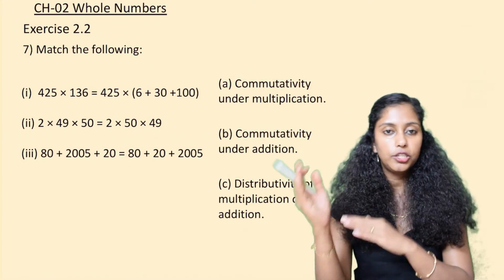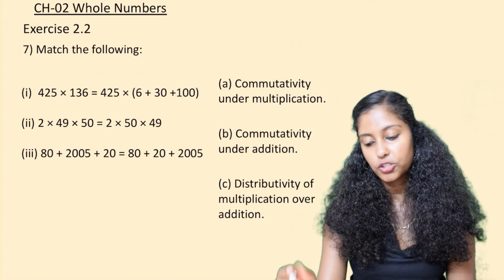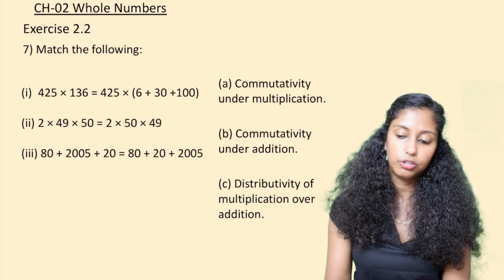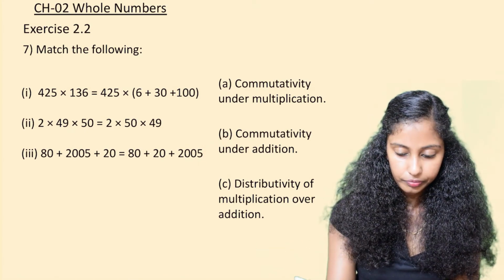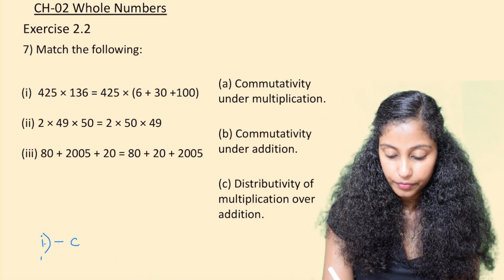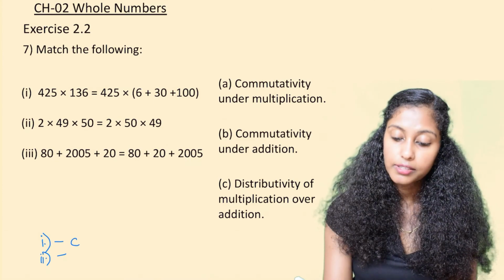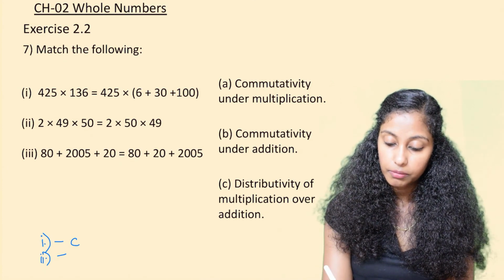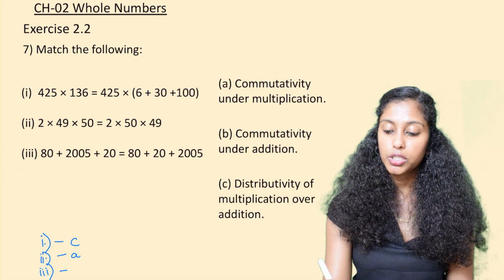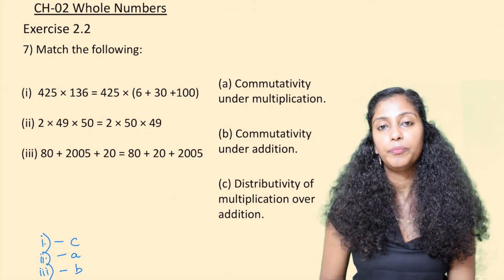Again addition, but the order of numbers is changed. So it is commutativity under addition. We write first answer is C. Second answer is commutativity under multiplication, A. And last answer is commutativity under addition, B.